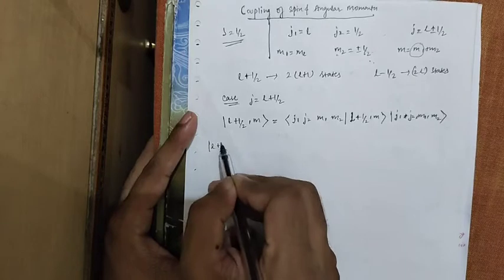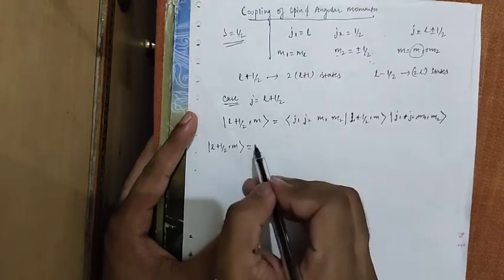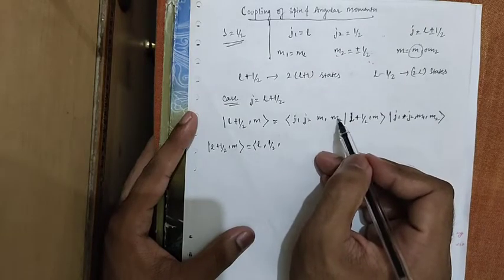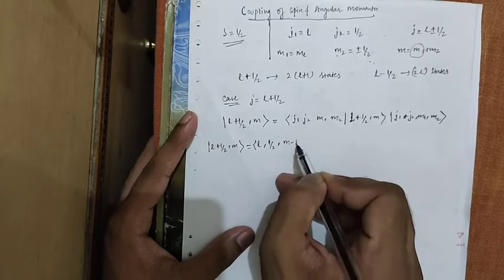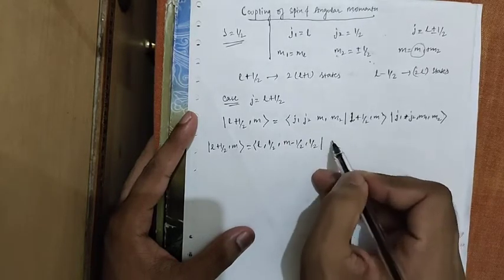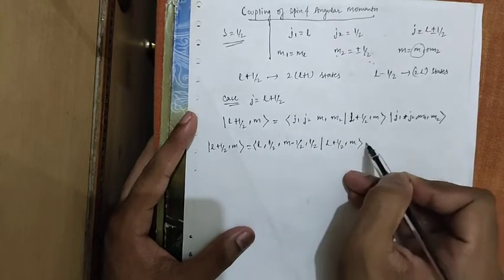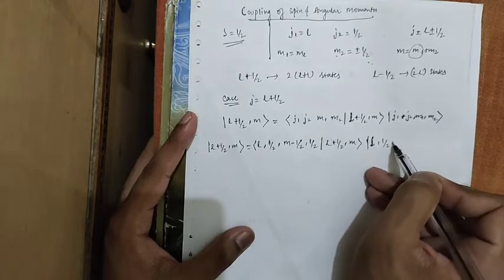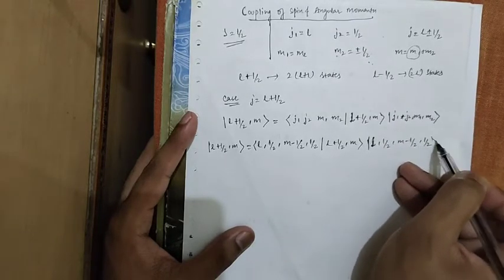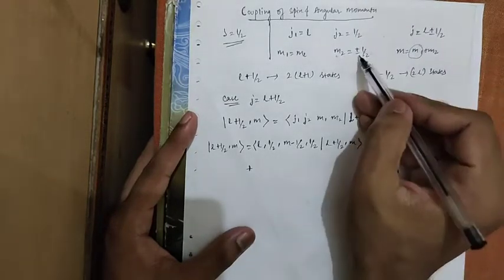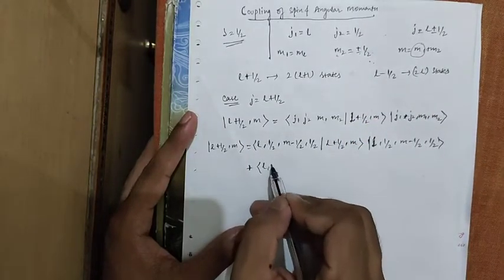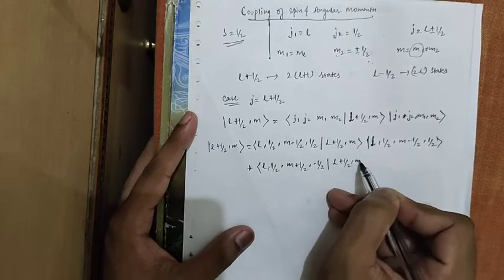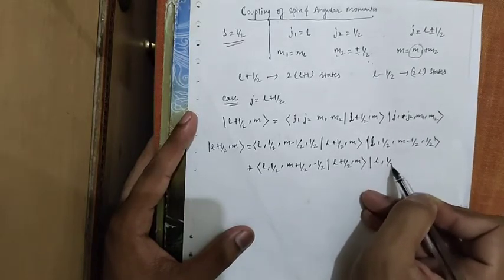So L plus half, m, with j1 equal to L and j2 equal to half: for m2 equal to plus half, m1 is equal to m minus half, and for the other value of m2, which is minus half, m1 is m plus half. So the state is a sum of L half, m minus half, plus half, and L half, m plus half, minus half.